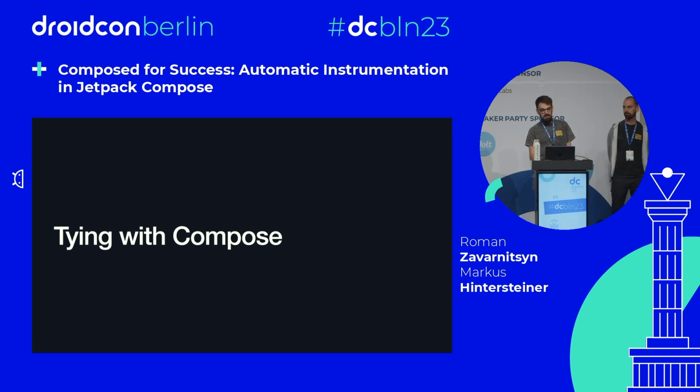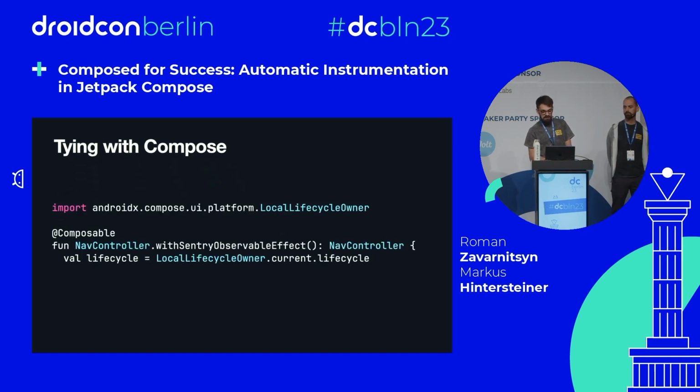Compose. And how we want to do this: Compose provides this LocalLifecycleOwner. For convenience, we just created this extension function, which we called withSentryObservableEffect. And it has to be a composable function, because we would like to use it inside another composable function. And from this LocalLifecycleOwner, we can retrieve the current lifecycle object.